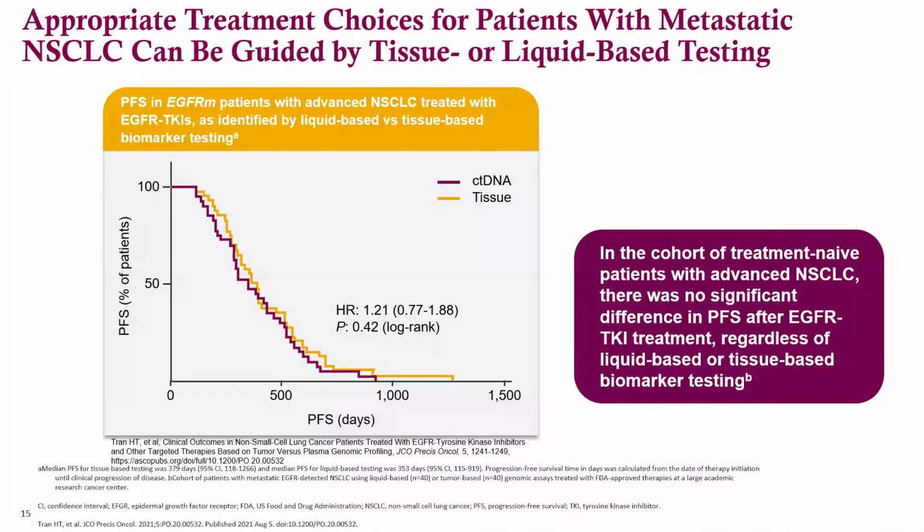So this is the thing. Appropriate treatment choices for the patients with metastatic disease can be guided by tissue or liquid-based testing. So whatever may be the mode of assessment, the results will be clinically evident. If at all in patients with inadequate tissue sampling or inaccessible sites, we can consider the liquid biopsy.